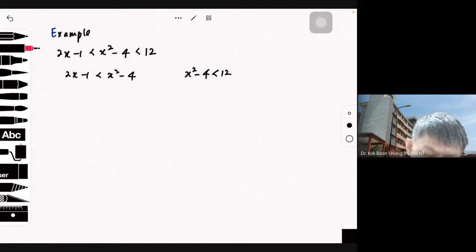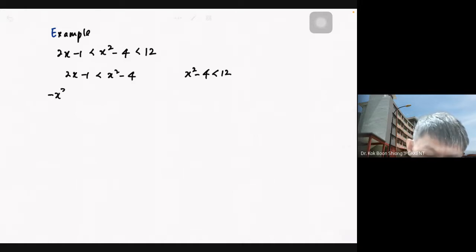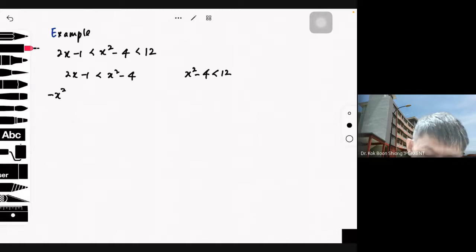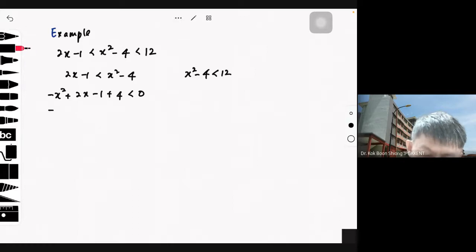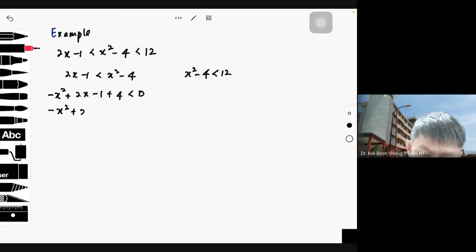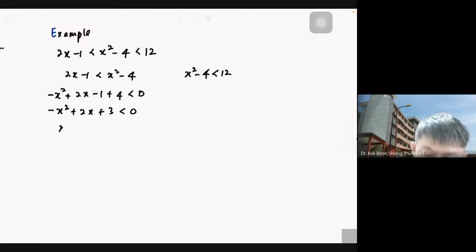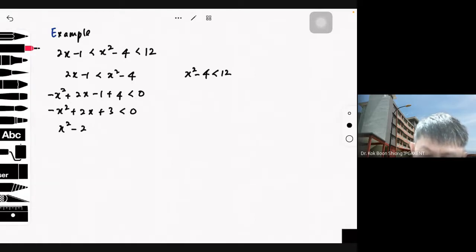Over here we have negative x squared plus 2x minus 1 plus 4 smaller than 0. So negative x squared plus 2x plus 3 smaller than 0. Then we remove the negative x squared, make it a positive x squared. So x squared minus 2x minus 3 larger than 0.